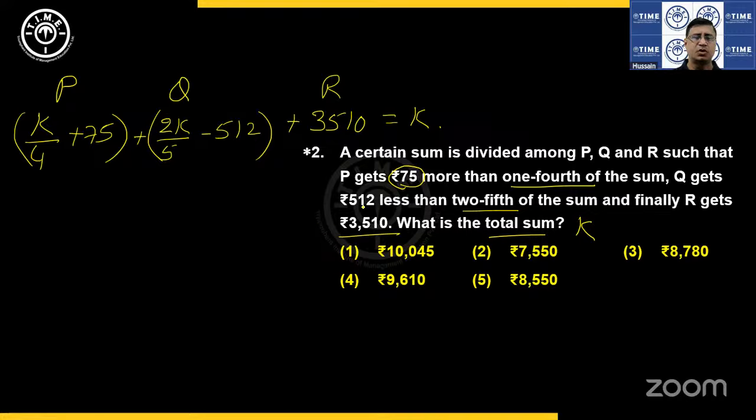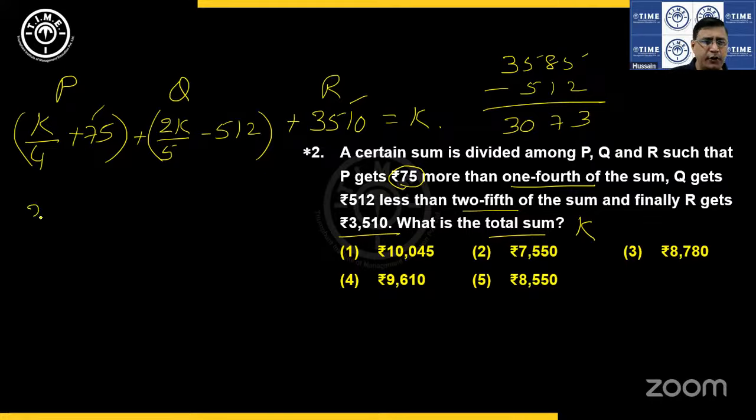Simplify this. On solving, dear students, just observe some of the integers. 75 plus 3510 is 3585. 3510 plus 75 minus 512, what is the value? That is 3073. 3073 is equal to, by taking K on the other side, K by 4 plus 2K by 5.